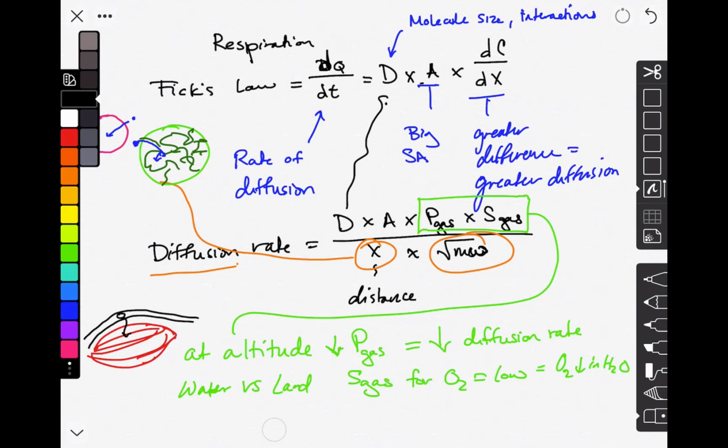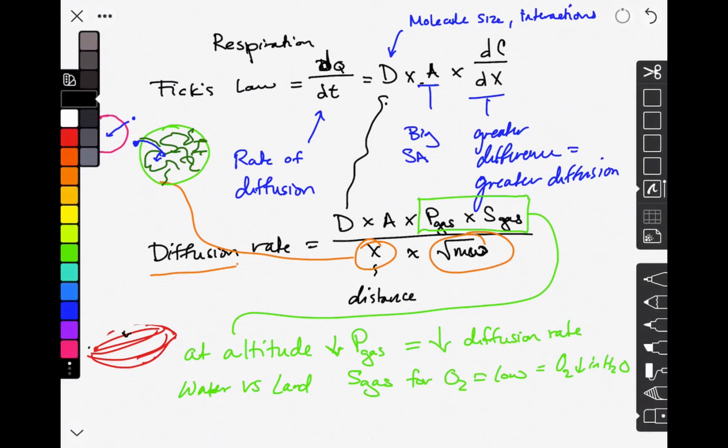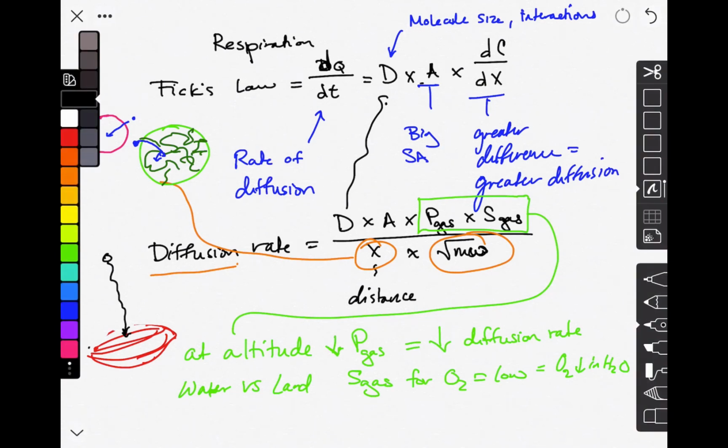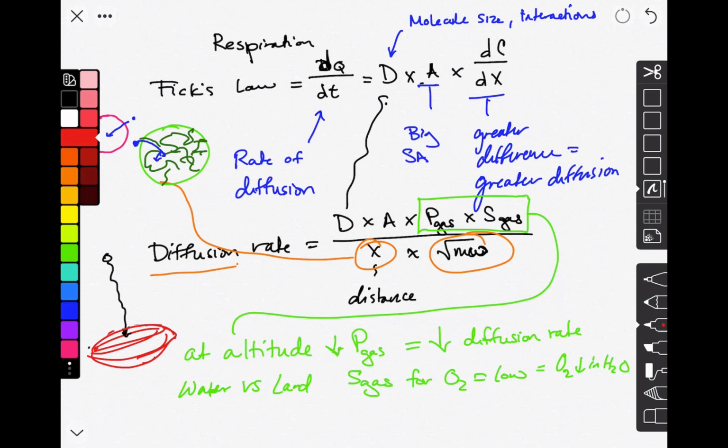Well, that's not the case with an open system, right? With an open system, what's going to happen is now that molecule is going to have to diffuse all the way to the tissue, and that can create some amount of problem because it's not going to be able to take the shortcut of using the circulatory system.